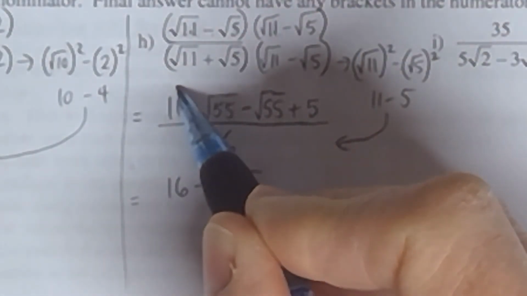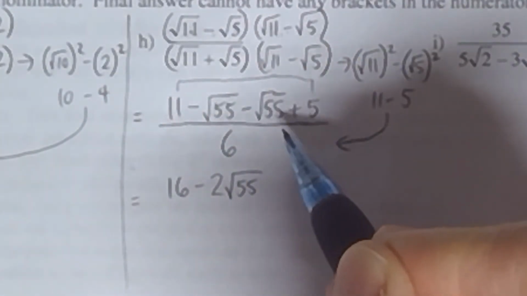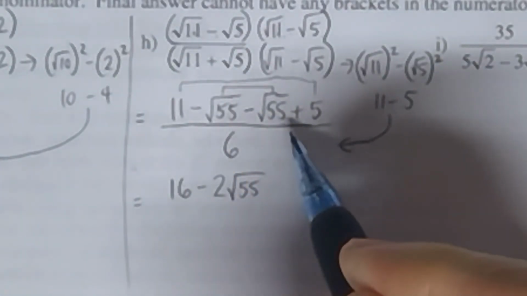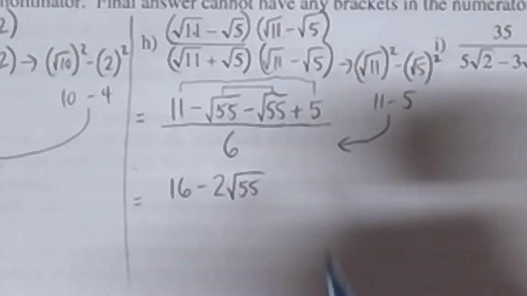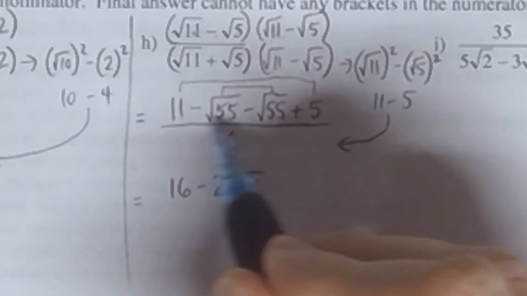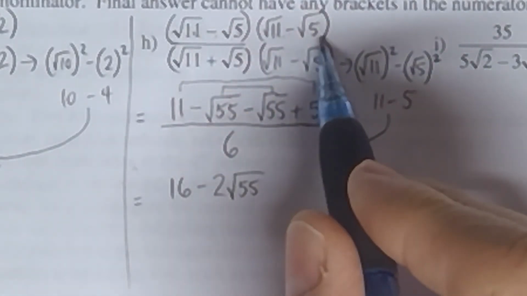So combine the regular terms together if you can, and we can with 11 and 5, and then combine the radical terms together if you can, and we are able to here because they are the same radical. Again, this is when you've got a bunch of terms being added and subtracted, like we do here, after you're done multiplying out the brackets up here.